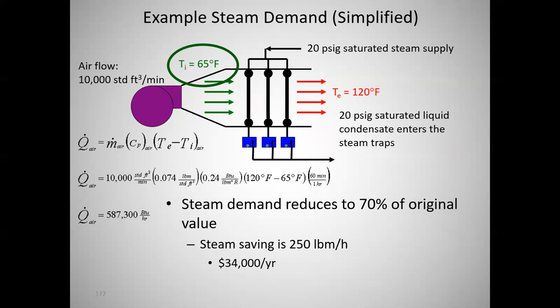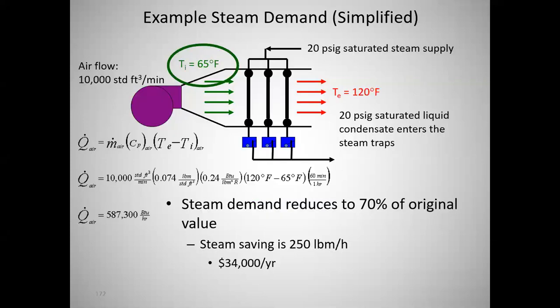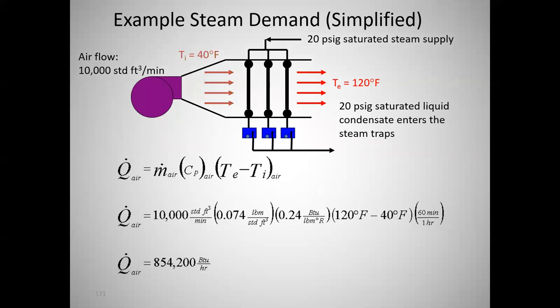Instead of pulling it from outside, you cap that off outside, cut a hole in the duct inside, put some louvers in there so it can pull some indoor air in, and bingo, there you go. That saves 34,250 pounds mass per hour of steam. We don't show the calculation of that, but you know, what do you got?